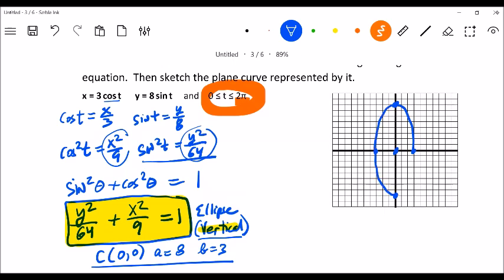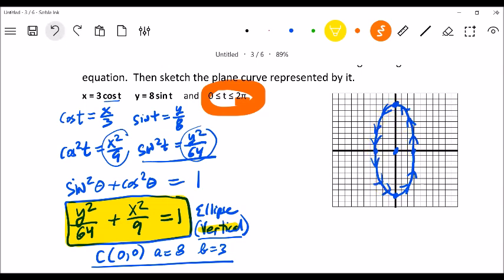Ooh, that's one of my better ones. Good. And then I have to do the directional arrows, and the directional arrows start at 0, 0 and go following the line in that direction. So we have an ellipse, a vertical ellipse showing, and in that direction.